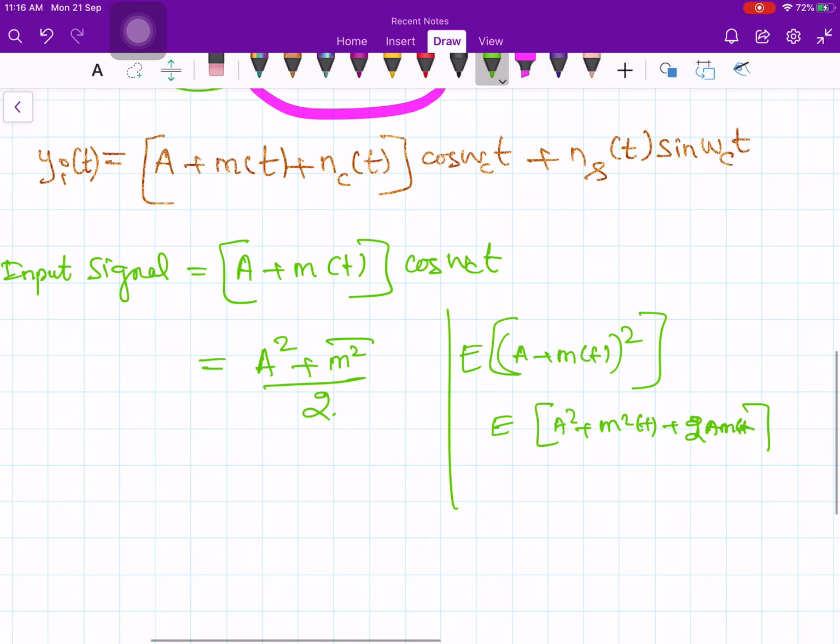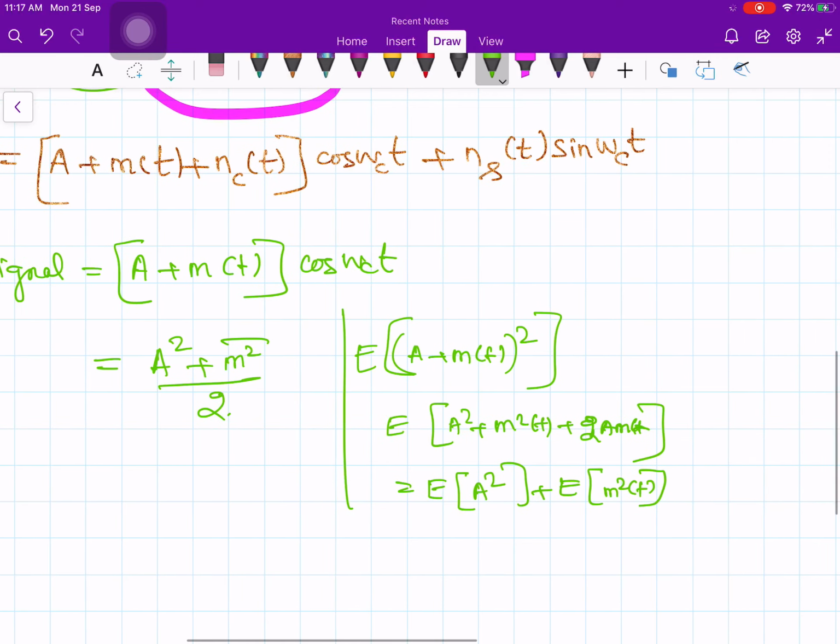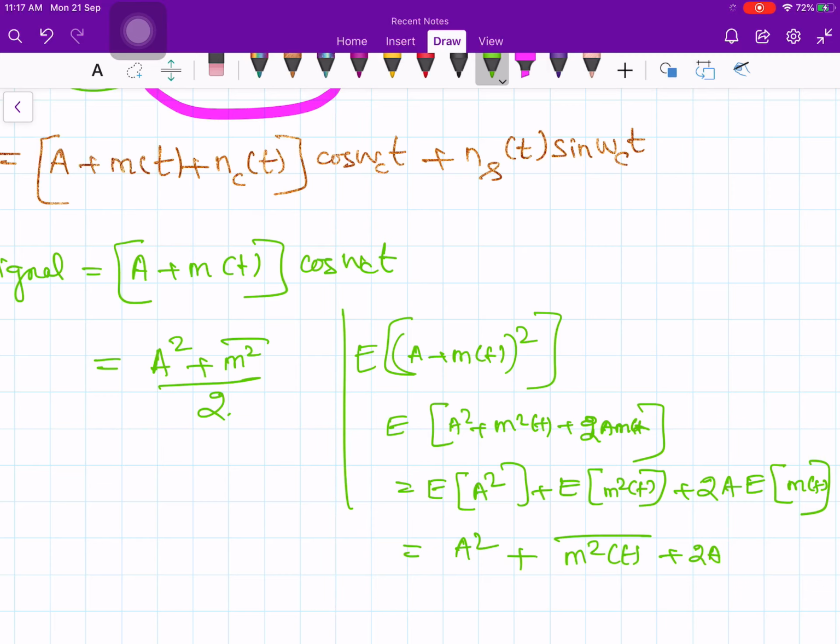So you take expectation inside, you will get the expected a square plus expected value of m square of t plus 2 times a, which is constant, you can pull out of expectation, m of t. And this a square is again expected value of a square is a squared, plus this is m squared of t whole bar expectation, plus 2a m of t whole bar.